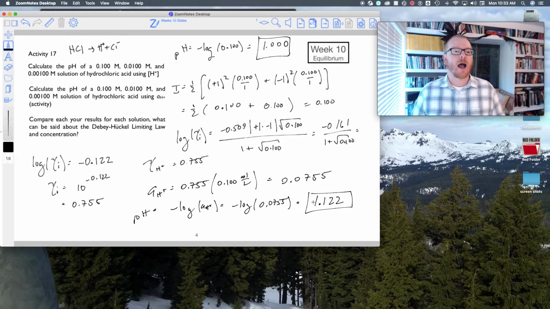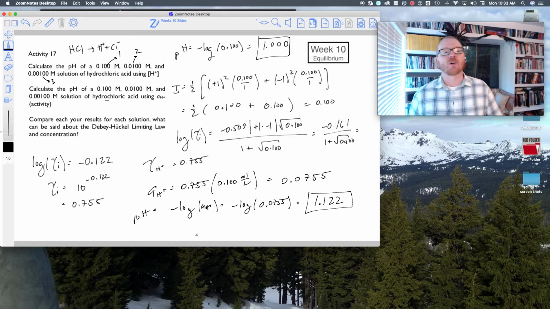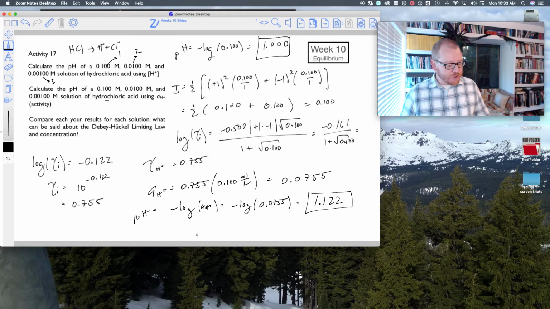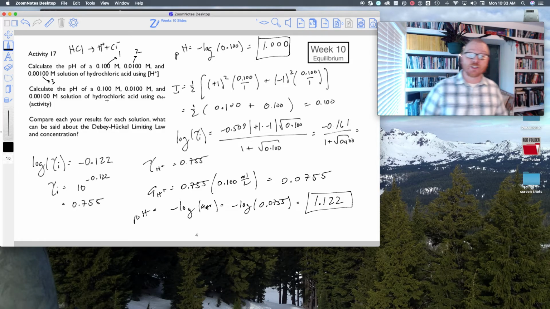All right. However, as you approach, so we know this is a pH of 1, and this is a pH of 2, and this is a pH of 3. So as you get to those pHs, you see less and less differences, so less error if you use concentration-based pH versus activity-based pH.